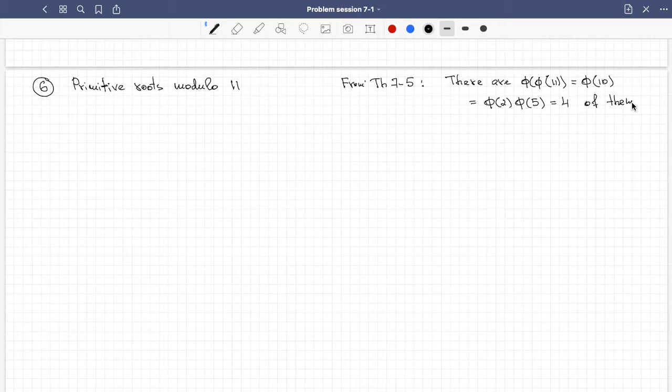These primitive roots are some members of the reduced residue system. The reduced residue system is easy to write down.